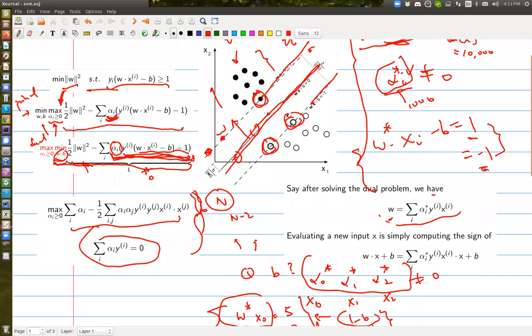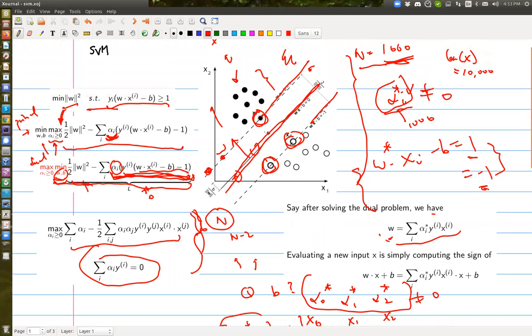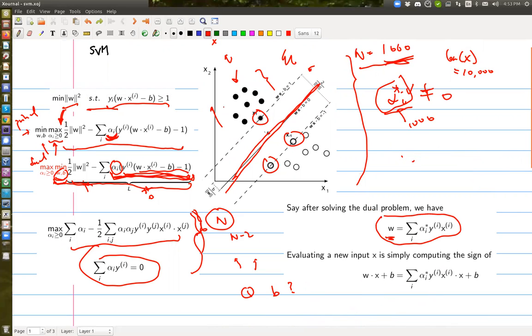Okay, so that's basically the support vector machine. As I mentioned last time, let me go back and erase some of this handwriting here.